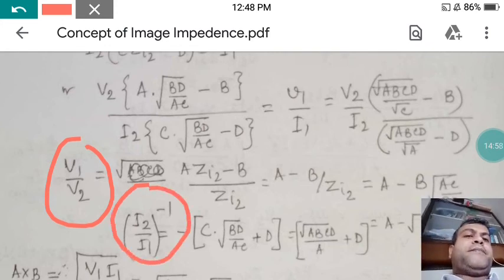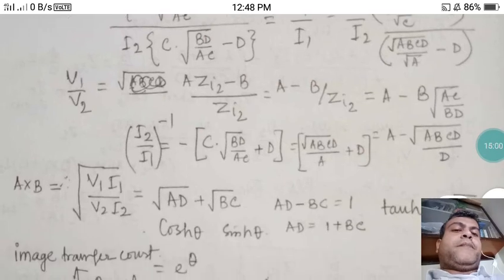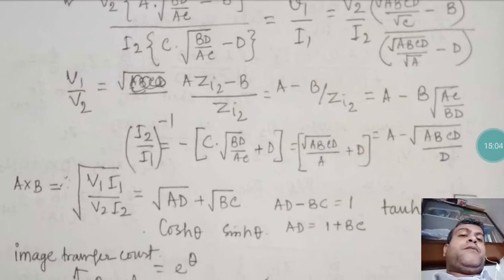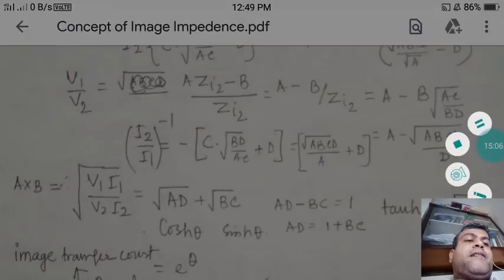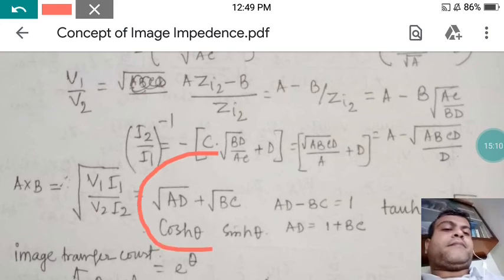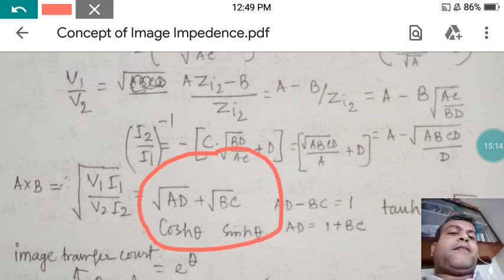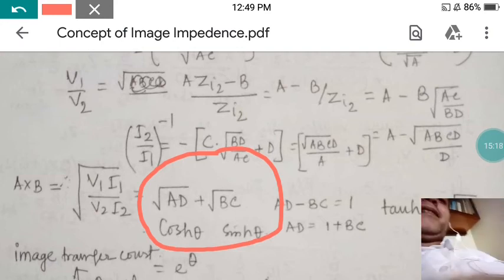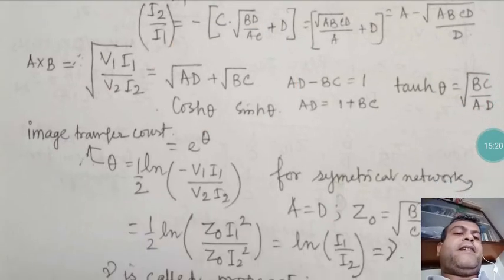Finally we get A cross B, so V1 by I1 and V2 by I2. Finally it is expressed as a cosine and a sine function here. That cosh plus sinh is the e to the power theta function, so it can be easily replaced by a logarithmic function. Finally it comes like this.